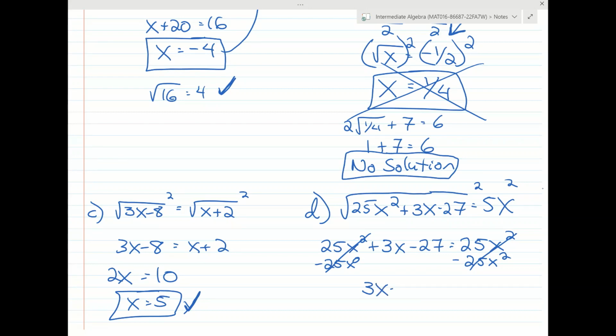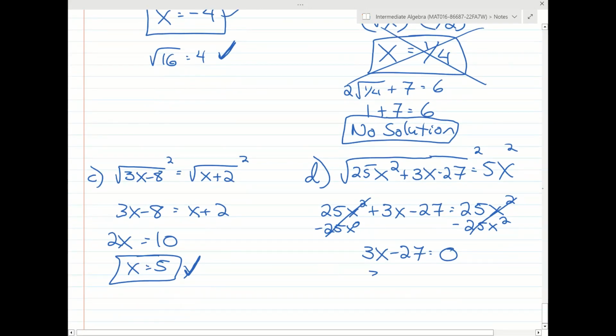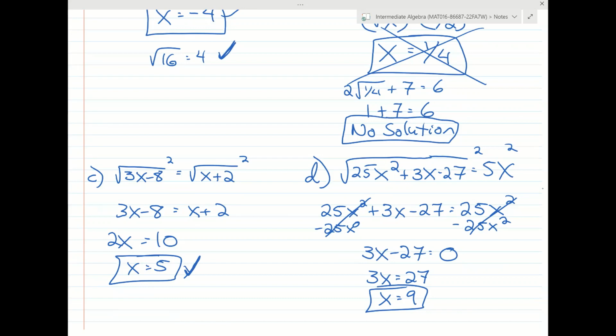We get 3x minus 27 is equal to 0. Bring the 27 over and divide by 3, x would be 9. We check our answer and get the same thing. The way we get rid of a radical is by squaring it.